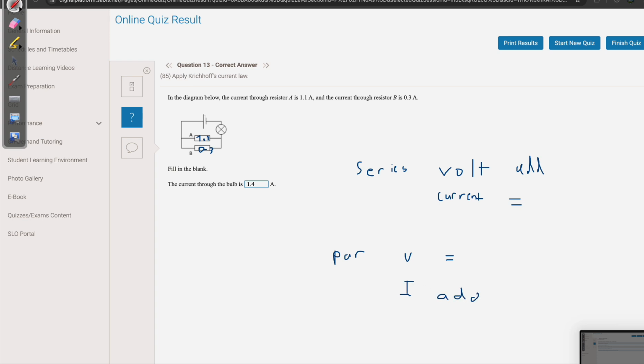And now, as we can see here, the combination of A and B is connected in series to this lamp over here, which means the sum of A and B, since in parallel current is additive, is going to be equal to the amount of current going through the bulb. So all we're going to do here is 1.1 plus 0.3, which is 1.4.